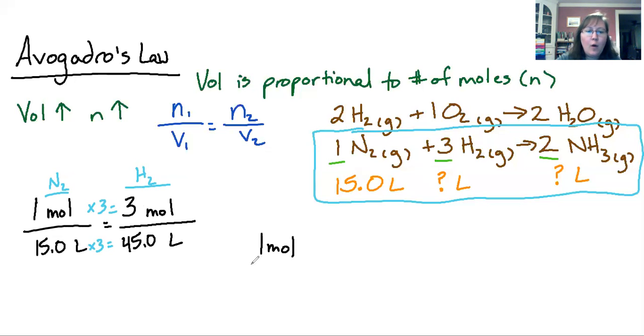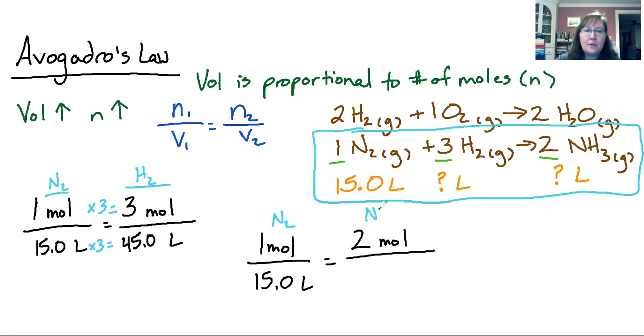We can say that if 1 mole of nitrogen goes with 15 liters and we'll make 2 moles of ammonia, so this was our nitrogen and this was our ammonia, then that means, because I said 1 times 2 is 2, this would be 15 times 2, which is 30 liters of ammonia.